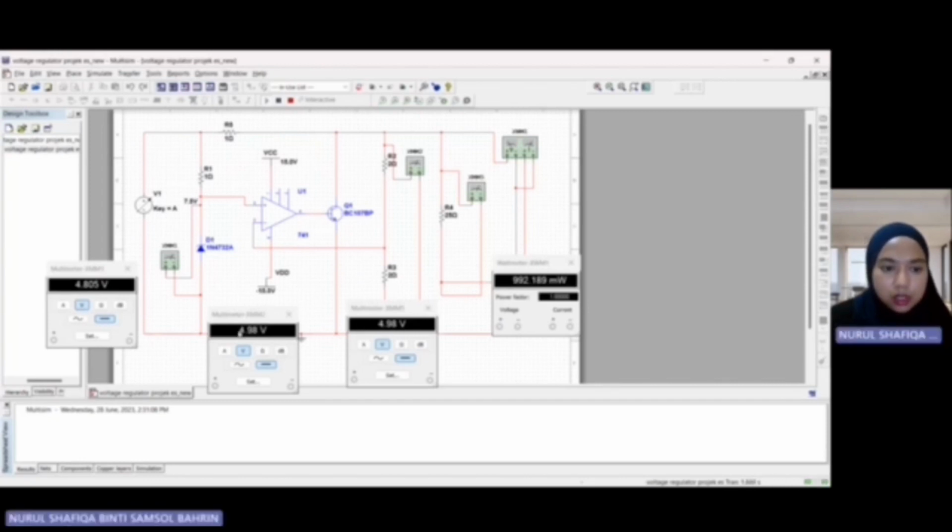For R2 I got 4.98 volt, and for R3 I got 4.98 volt also, similar. Lastly, we use the wattmeter to get the power, and the value is 992.189 milliwatt. So this is the measured value that I got.